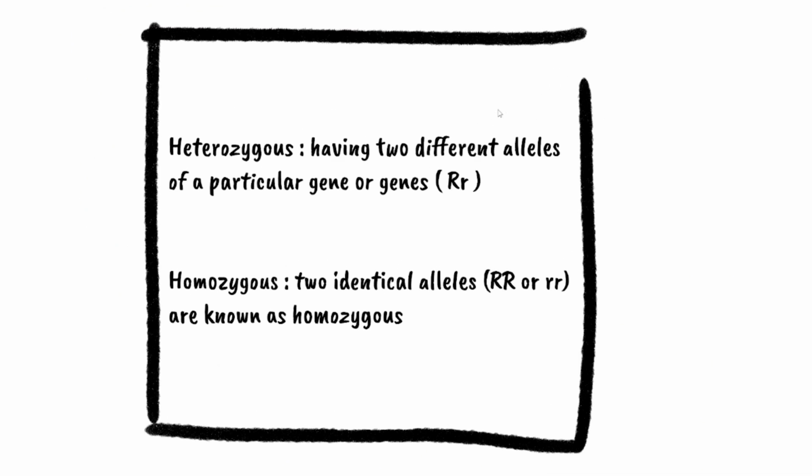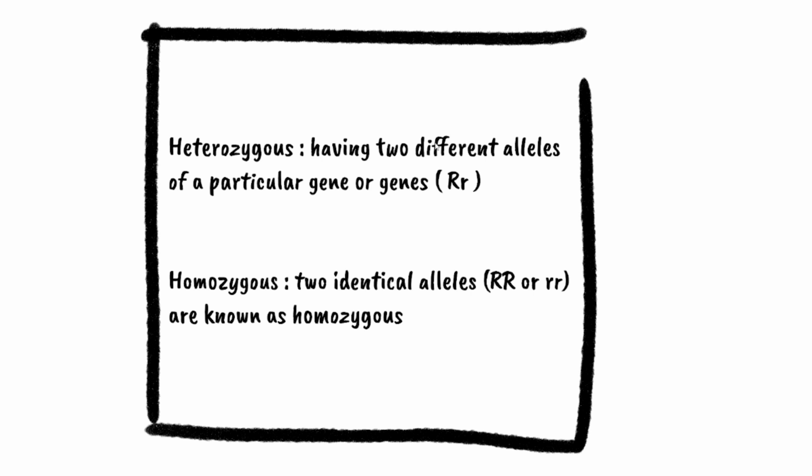Before that, let's get into the simple definitions of heterozygous and homozygous. Remember, hetero means different. So heterozygous means having two different alleles of a particular gene.